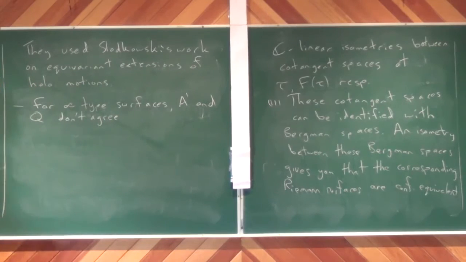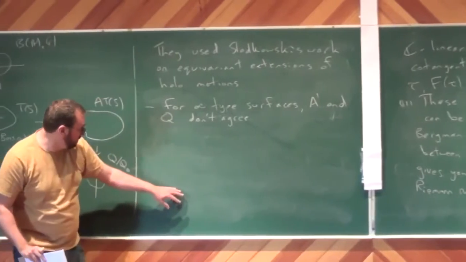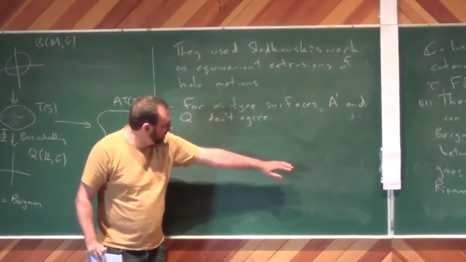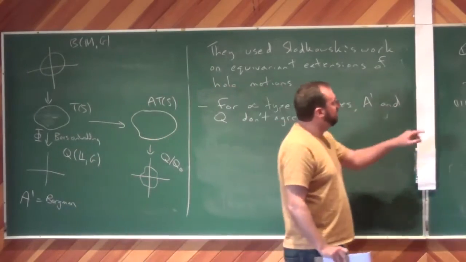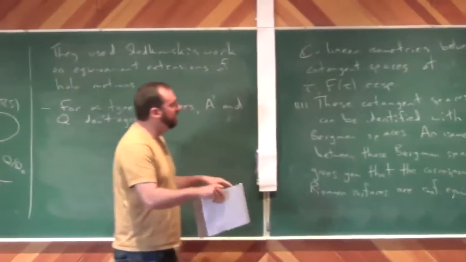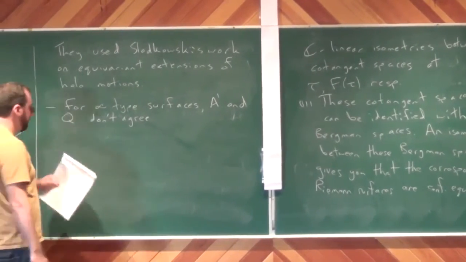So what you need to do is, you have some holomorphic map which gives you, by the equality of the Kobayashi and Teichmüller metrics, an isometry between the tangent spaces, but then you want to pass to the cotangent space. And Earle and Gardiner did that.